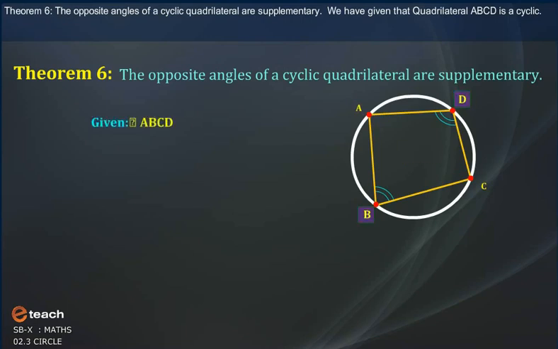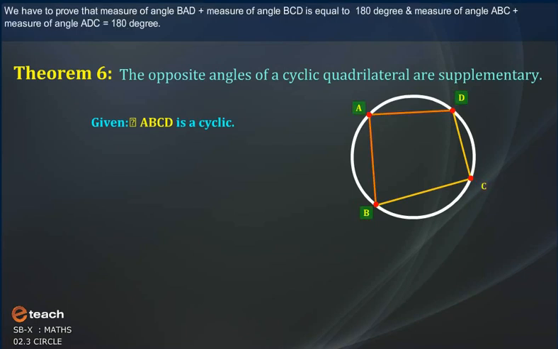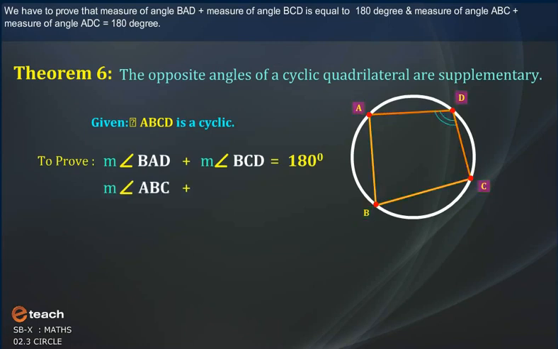We have given that quadrilateral ABCD is cyclic. We have to prove that measure of angle BAD plus measure of angle BCD is equal to 180 degrees and measure of angle ABC plus measure of angle ADC is equal to 180 degrees.